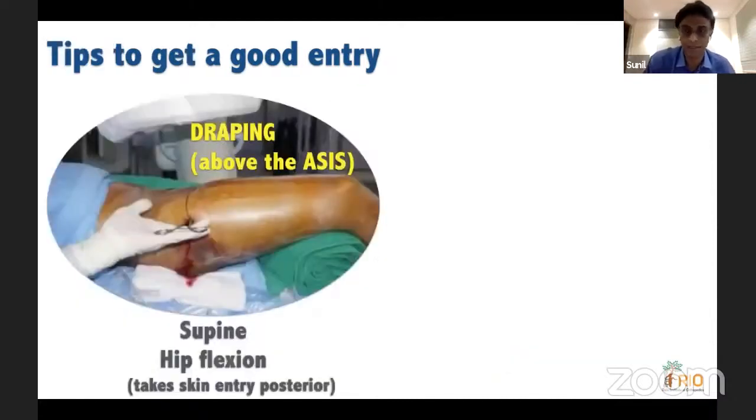So what are the tips to get a good entry? If you are doing it supine, make sure you have some kind of hip flexion so that the entry point is translated posteriorly, where the iliac crest flare will not interfere and make it difficult. So have some kind of hip flexion. If you are doing it on a fracture table or a regular table, have some kind of hip flexion, which will definitely help a lot.